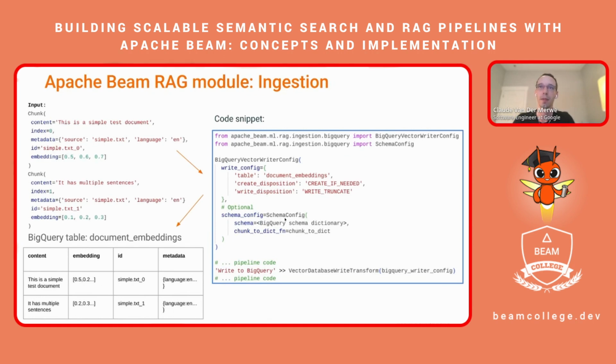A schema config, so how to convert our chunks into the rows that will be inserted into our BigQuery table. And as a result of running this, we write these chunks into the BigQuery table, and this is what it will look like. We have our content, embedding vector, ID, and metadata fields.